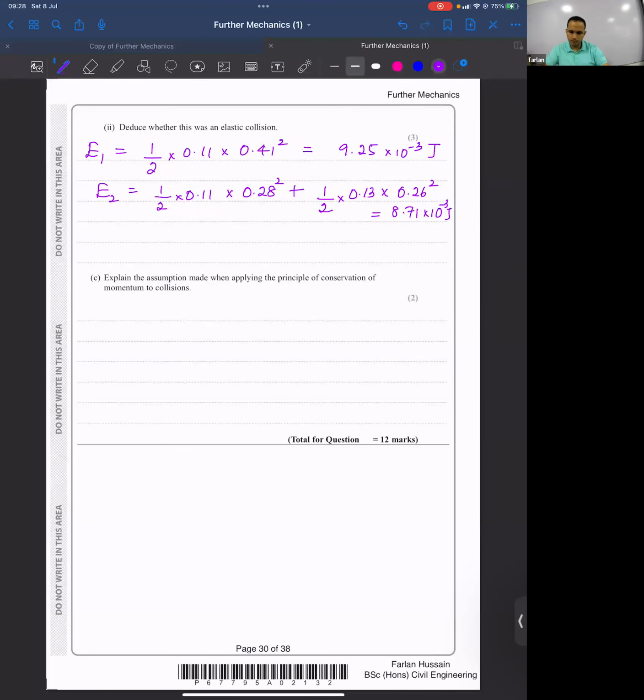What do you think? Is it an elastic collision? 9.25 into 10 to the power minus 3 versus 8.71 into 10 to the power minus 3. So the kinetic energy is not conserved. So you can say it is not an elastic collision. Write the statement: the kinetic energy of the system is not conserved.